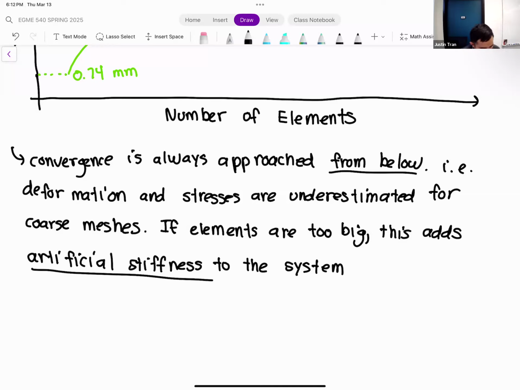Okay, so the last comparison that we're going to draw is between the linear and quadratic hexahedra. But this is kind of a foregone conclusion at this point. We should know how this goes.